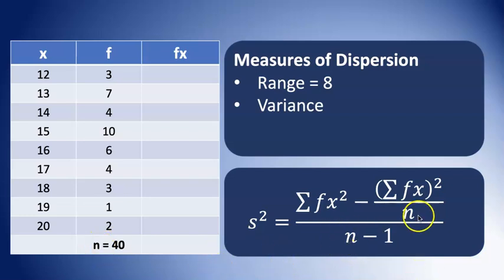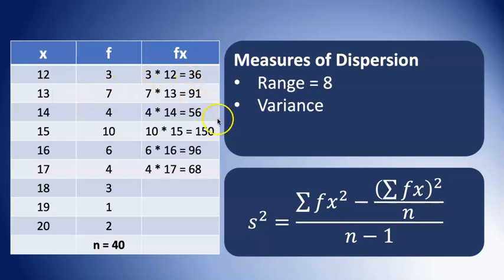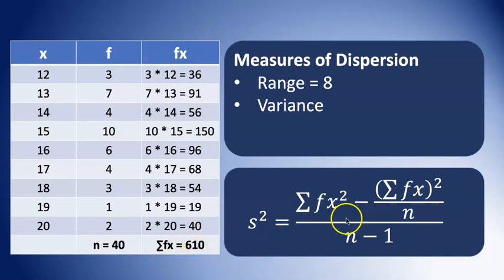Alright, so we have n. fx is just the frequency times the variable. So 3 times 12, 36, 7 times 13, 91. And we'll do that for each row, and we'll get an overall total of 610. So the total for f times x is 610.